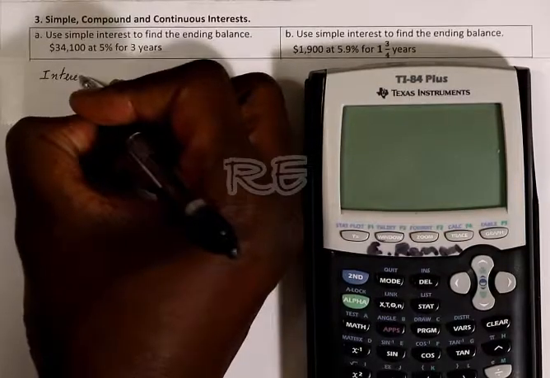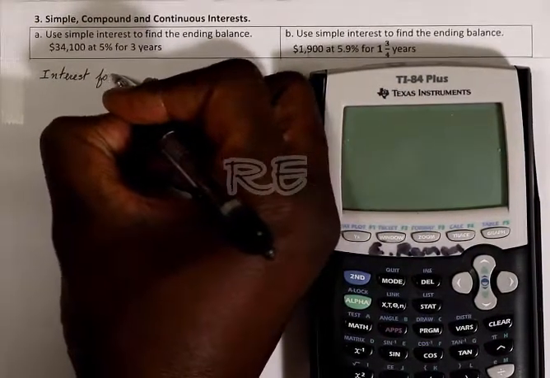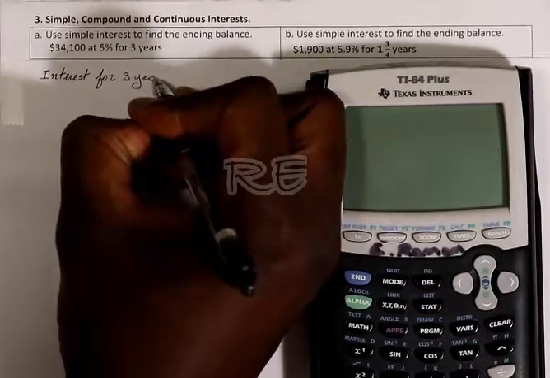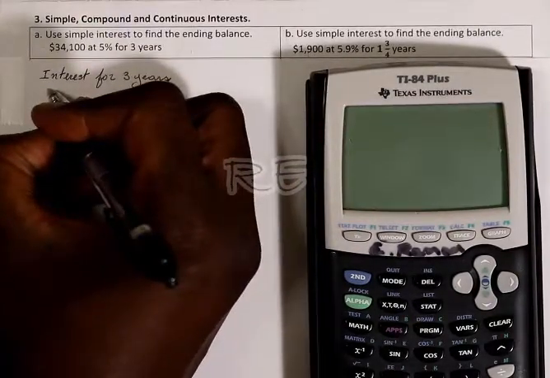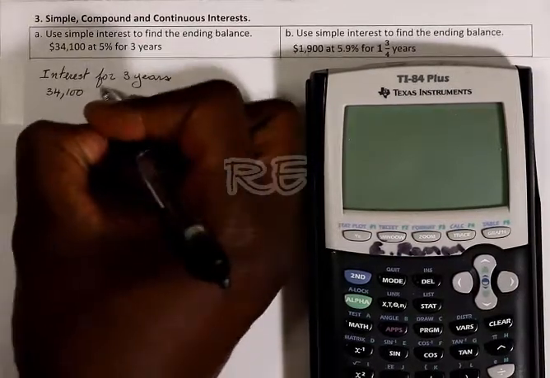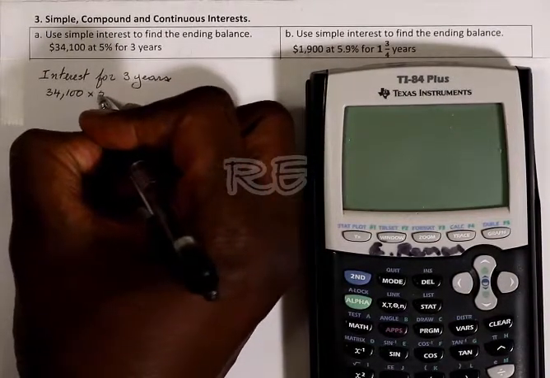Interest paid for 3 years. Let's just calculate the interest paid for 3 years, and it's going to be the principal, which is the initial deposit, multiplied by the interest rate in decimal.